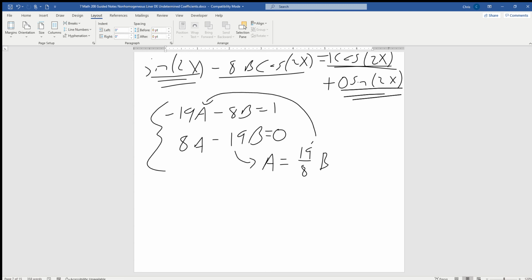And so equation 1 is going to become negative 19 times 19/8 b minus 8b is equal to 1. Then I'm just going to add these in my calculator. We're going to get a not so nice number.